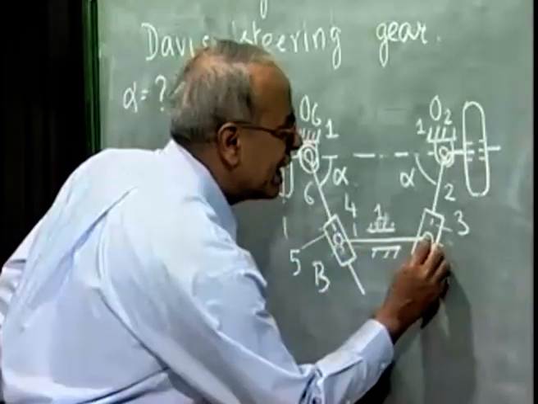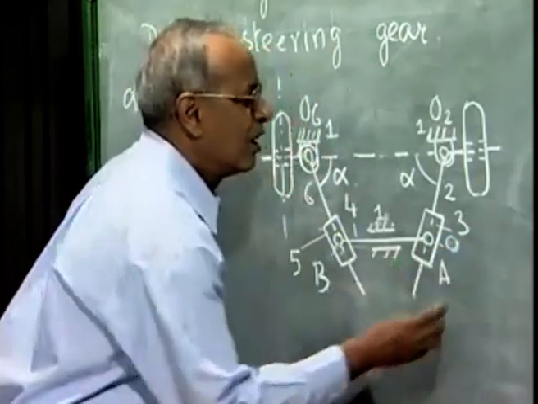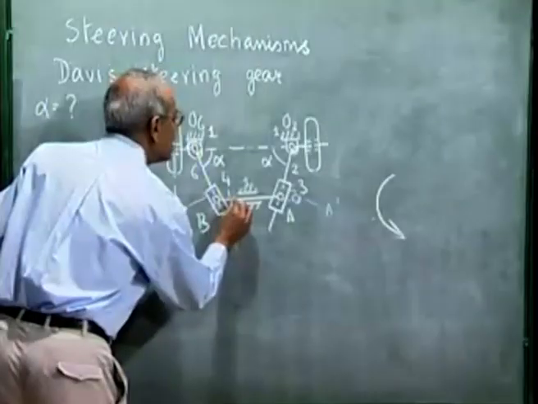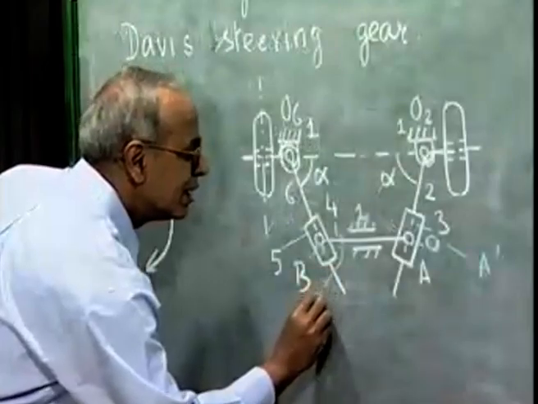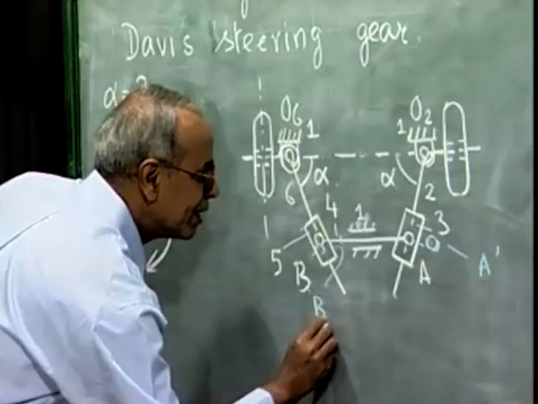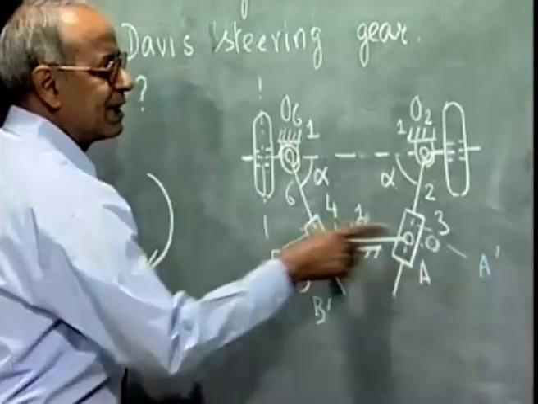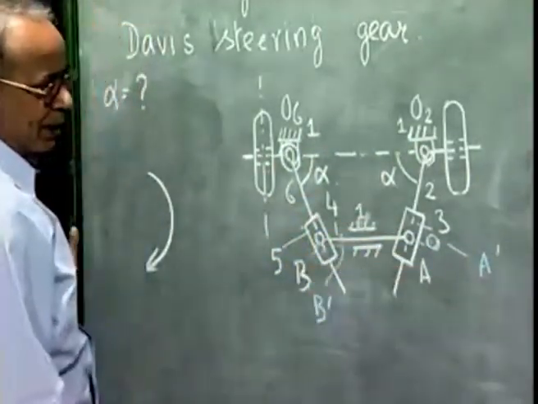That means suppose the A comes to this point, we call A prime, and B comes to exactly the same distance here, let me call this point B prime. This rod AB moves horizontally, parallel to O2O6, from AB to A prime B prime.